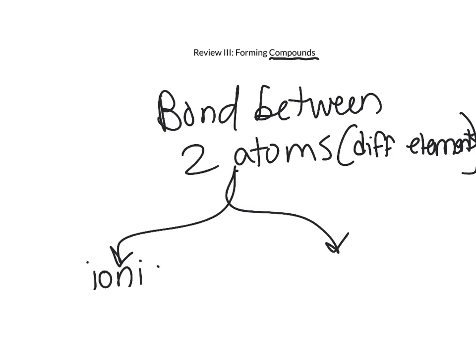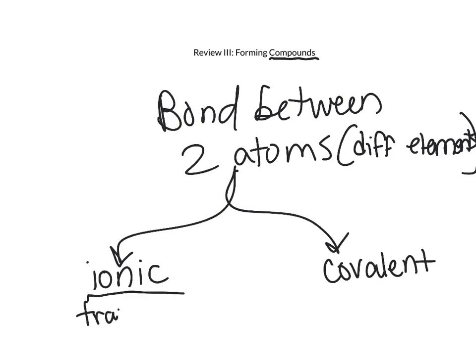So ionic and covalent. The key word that you want to know, and again, I'm going to be looking specifically for this, is what's happening to electrons. So in ionic bonds, electrons are transferred, meaning that one of them is going to gain electrons and the other one is going to lose electrons.